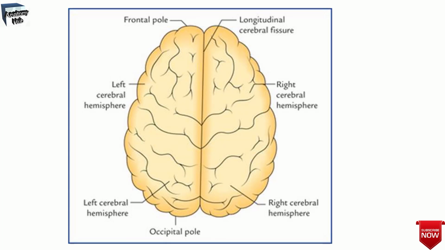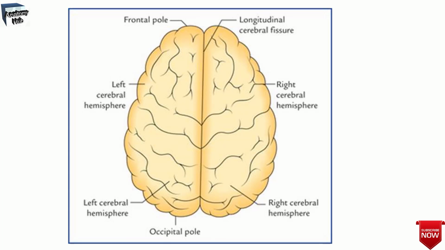And this outer part of the brain is known as the cerebral cortex. The cerebral cortex, or outer layer of the cerebrum, consists of the gyri that are typically surrounded by one or more sulci that you can observe over here.